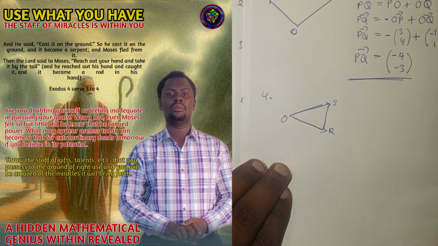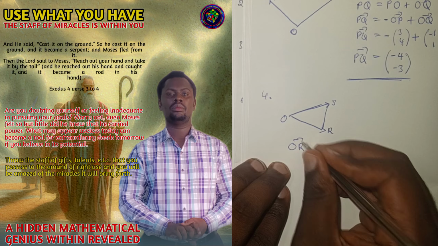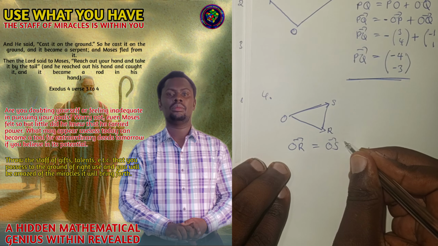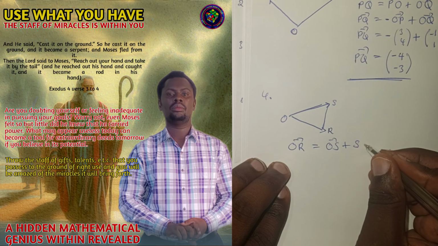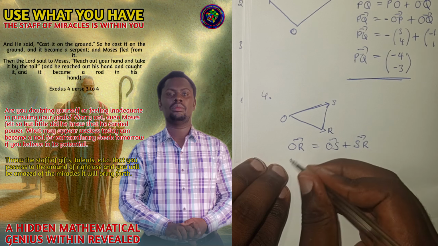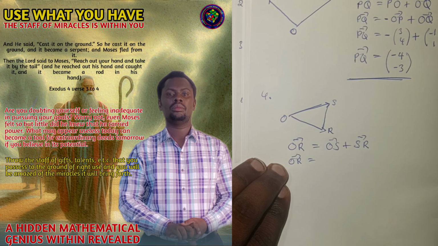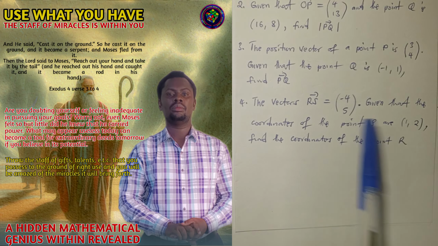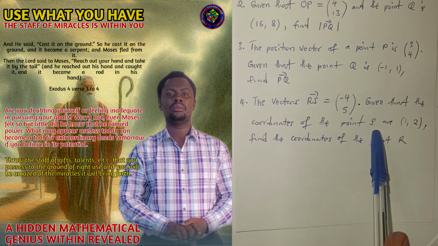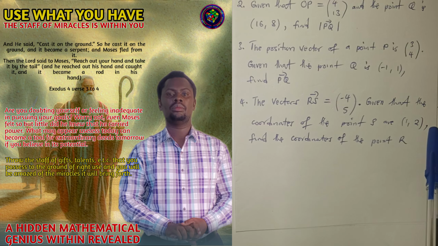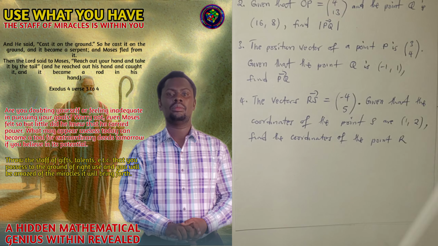OR is equal to OS plus SR. OS we will get from the point S, so we just change this from a row matrix to a column matrix.